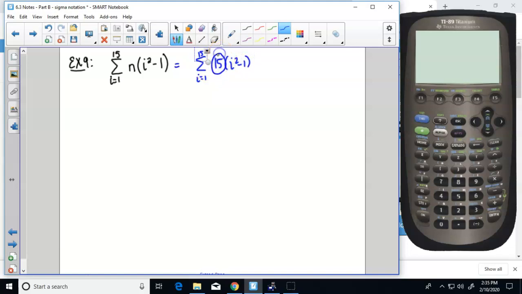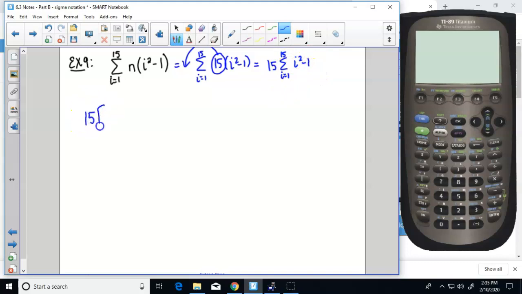So I'd have the sum from 1 to 15 of 15 times i squared minus 1. And this 15 we can pull out front. So we want to do that. 15 times the sum from 1 to 15 of i squared minus 1. Okay, so we're going to use our shortcuts here. We'll have the 15.